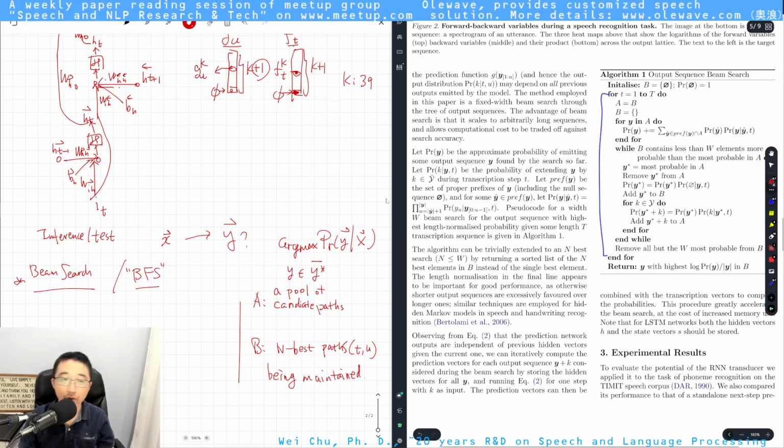It loops over the time, and you can see that at each time T, this is at the time T, okay? He would check every path in the candidate pool and see how he could update the probabilities.